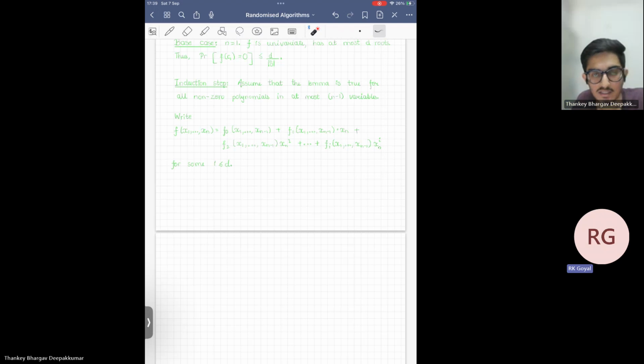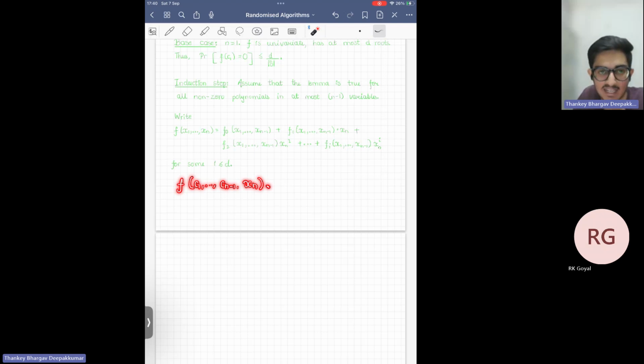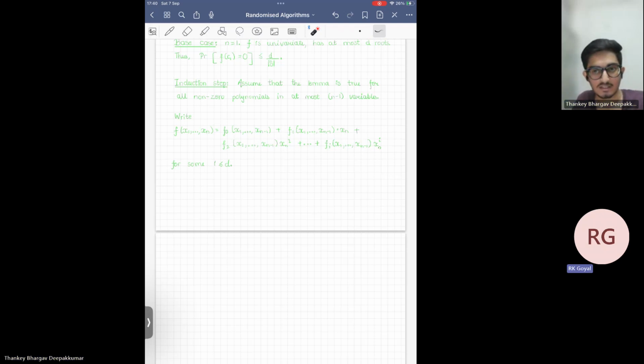So then I have f of c1 to cn minus 1 comma xn, and this is a univariate polynomial in xn of degree i. So from the multivariate it has been converted into a univariate, by fixing some values, i.e. by conditioning.